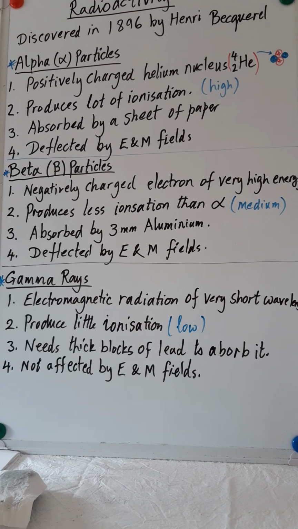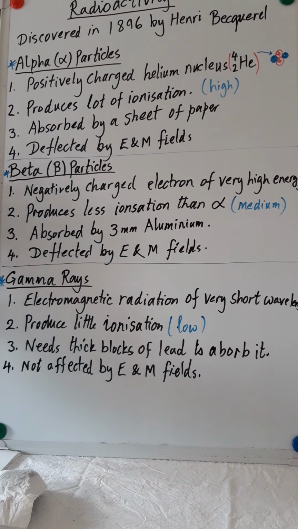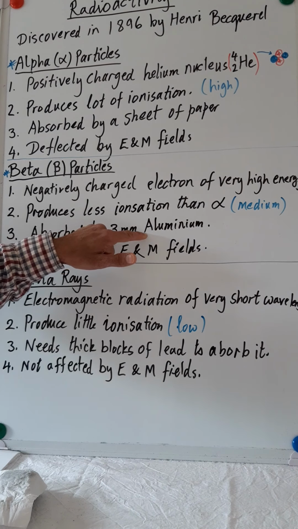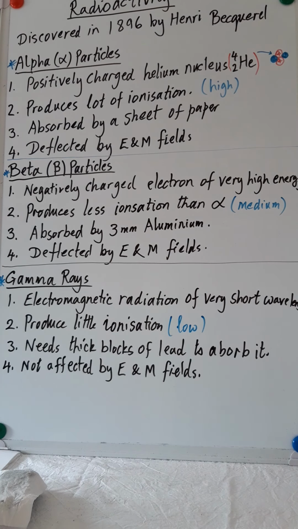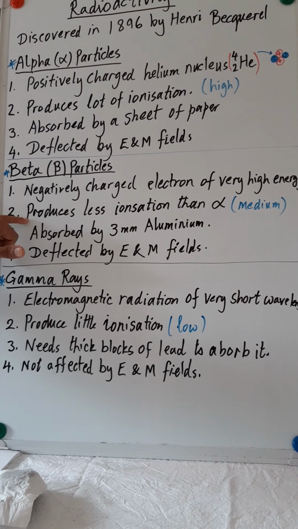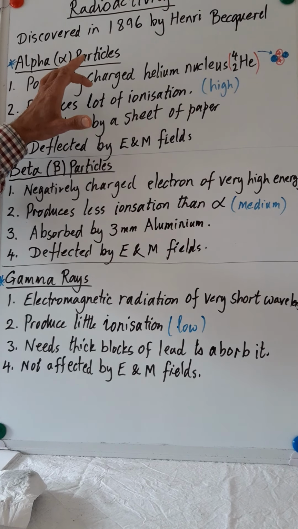They are highly energetic, they're highly penetrating, and they can easily pass through your skin, through a sheet of paper. And it takes about 3 millimeters of aluminium to absorb beta rays or beta particles. Now, beta particles also collide with the atoms and knock off the electrons from the atom and ionize it, but not as much as alpha does.